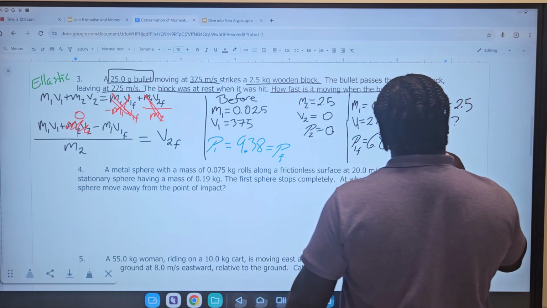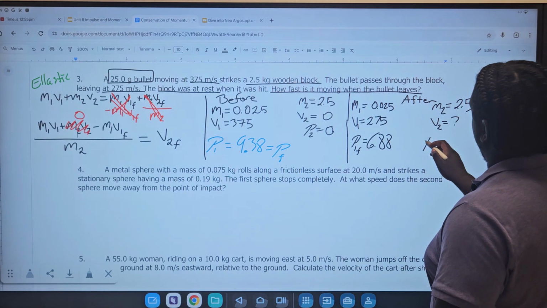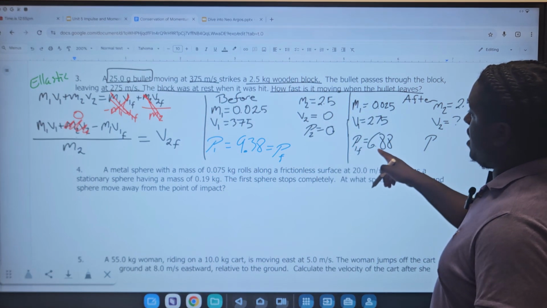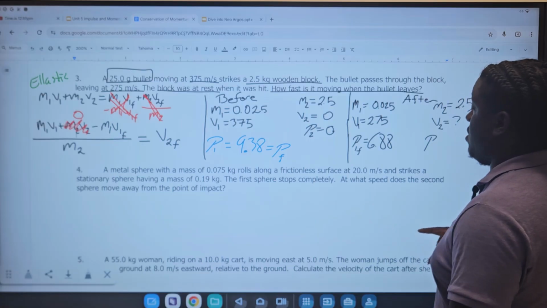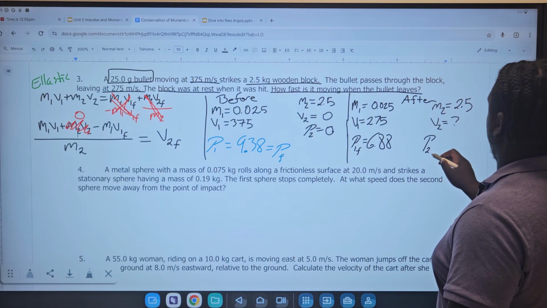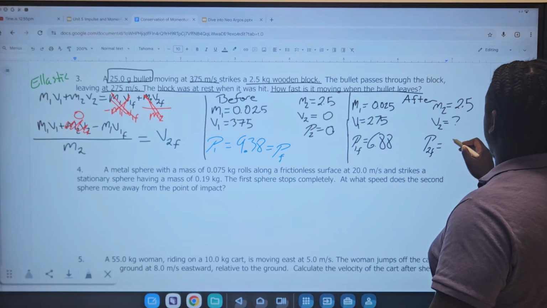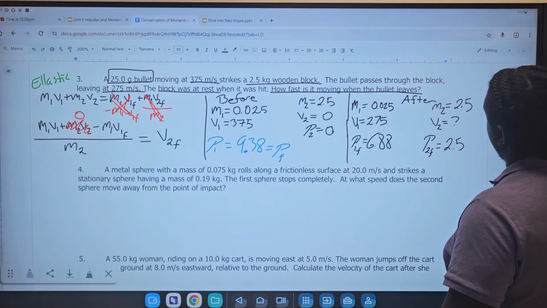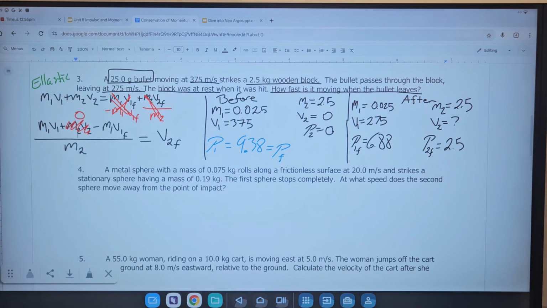But the final momentum should be the difference between 6.88 and 9.38. We got 2.5. So, that being said, seems like our final velocity is going to be momentum over mass, which is going to equal 1. And that's it. I guess not as dramatic as I thought it'd be.